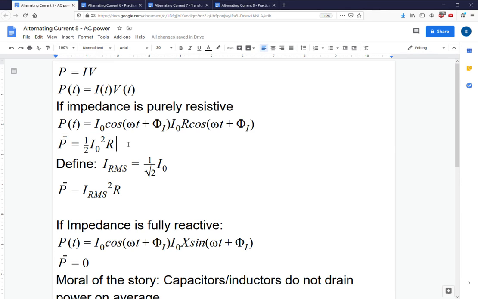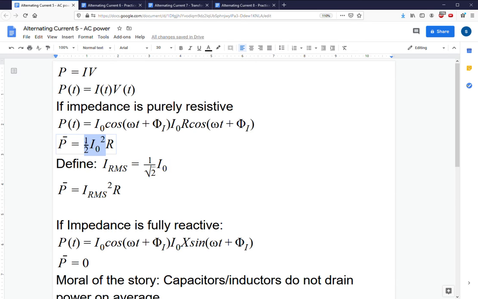Now, one thing we often see is this thing called the RMS. That stands for the root mean squared. Basically, you take this current, which is a function of time, you square it, you take the mean of that, or the average of that, and then you square root that value, and you get the I RMS.